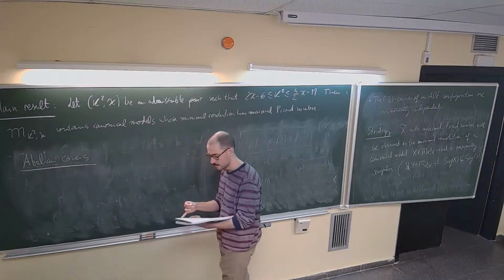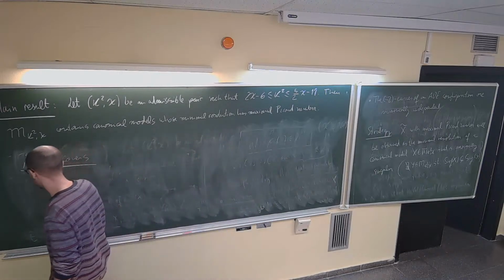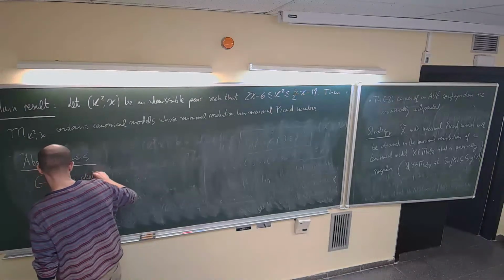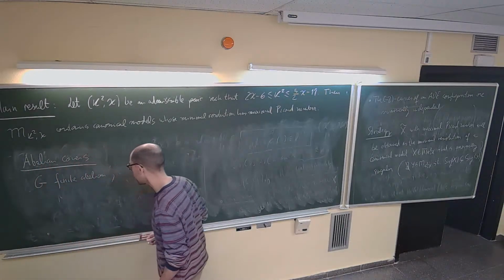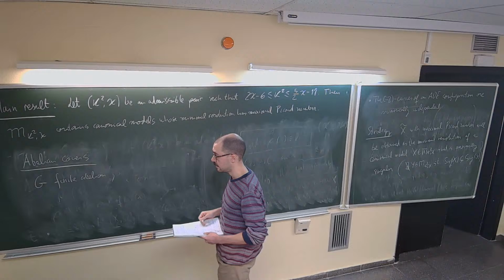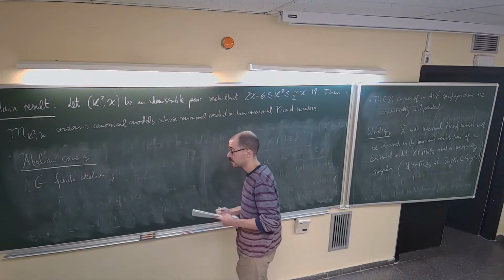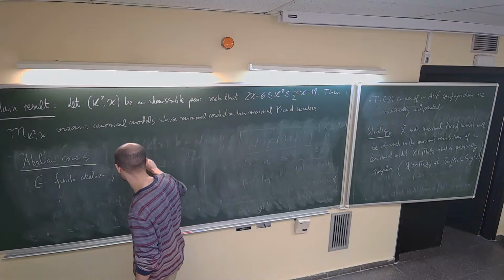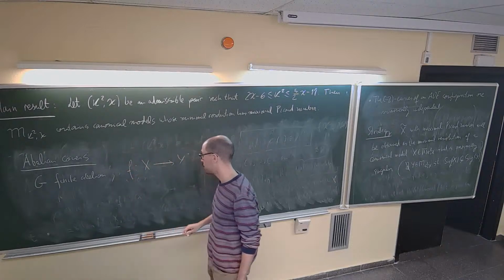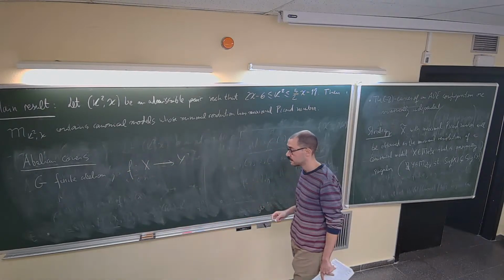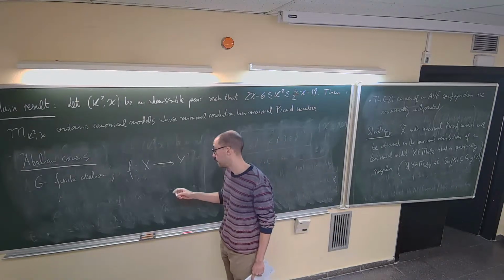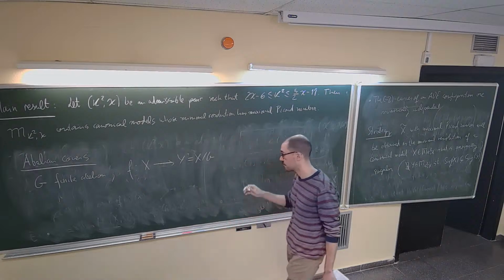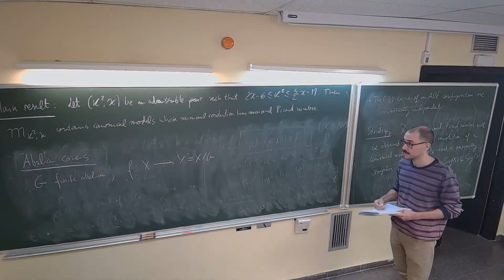Okay, so if we have a finite abelian group G, then a G-cover, or an abelian cover with group G, is going to be a finite map f: X → Y together with a faithful action of G on X, such that f exhibits Y as the quotient of this surface by this action. Okay.